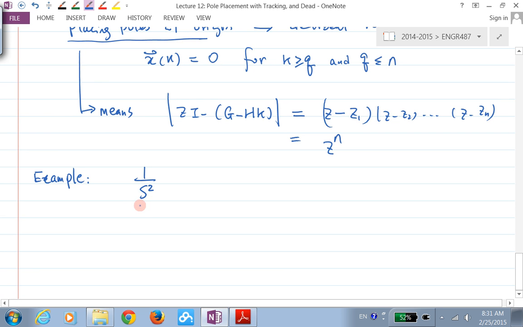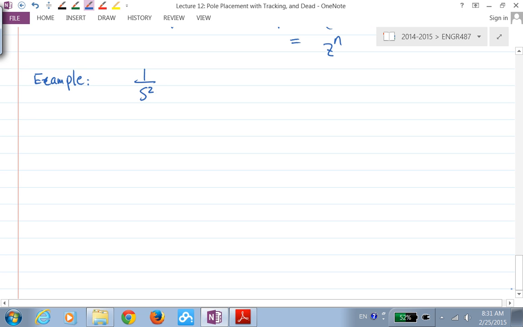So let's look at this system, the double integrator here, 1 over s squared. In the previous lecture, we discretized the system and we did a pole placement for the double integrator, right? We can arbitrarily place the poles for this double integrator by picking a proper gain matrix K, and K is K1 and K2.